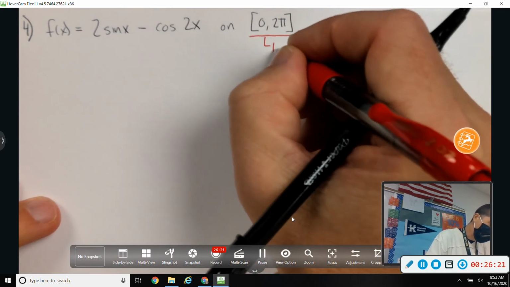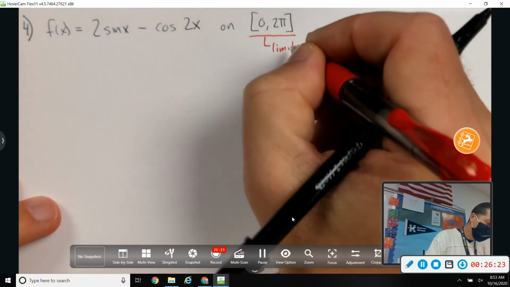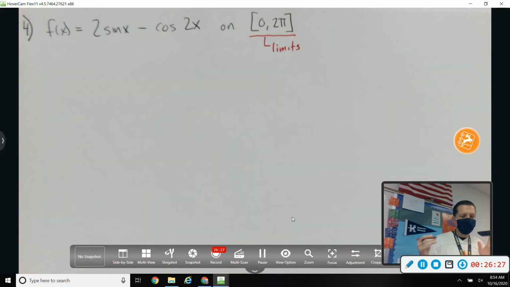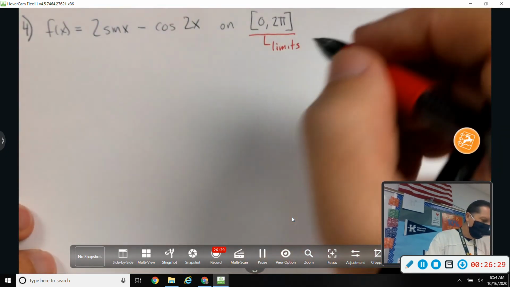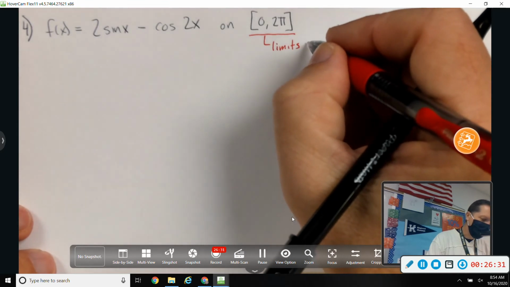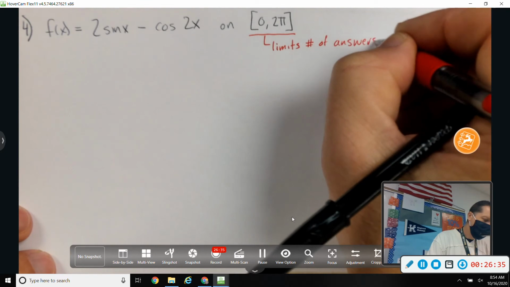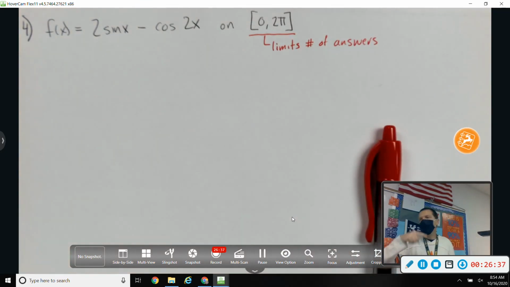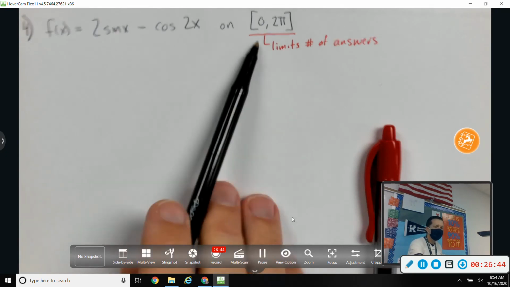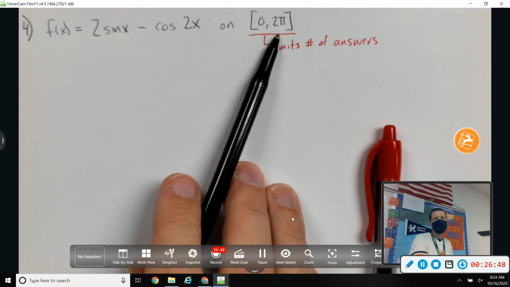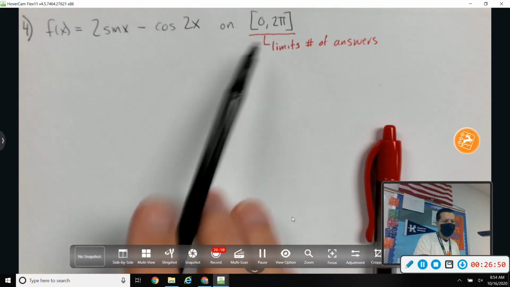I think you know this by now, but the reason we throw the limited domain on there is because it limits the number of answers. Otherwise, you're left spinning around the unit circle forever. You get 2 answers, then you add 2 pi and 4 pi and 6 pi and 8 pi. So a lot of times they put this on the end so that you don't have to worry about all the extra answers. Just get the main ones and then you're good.